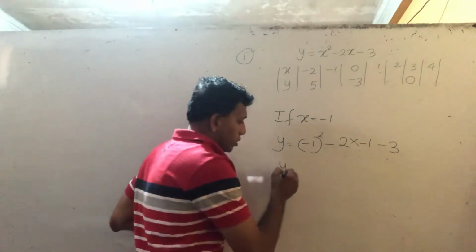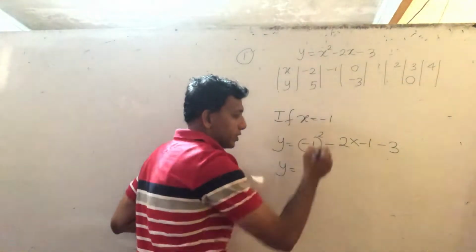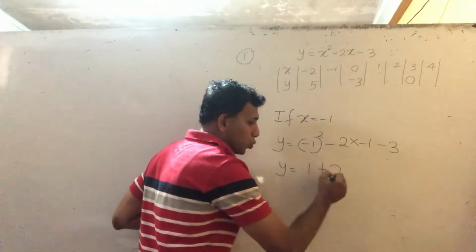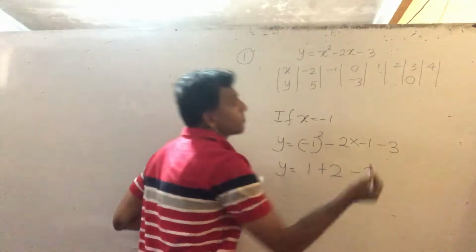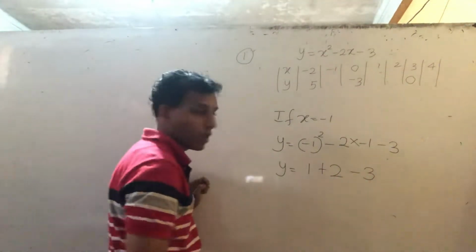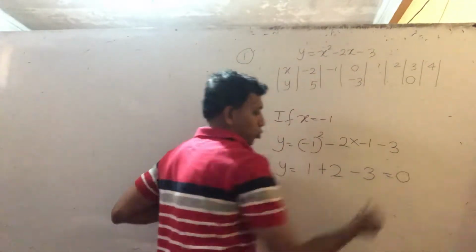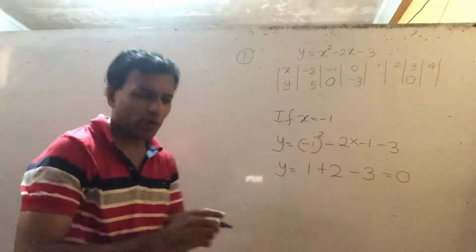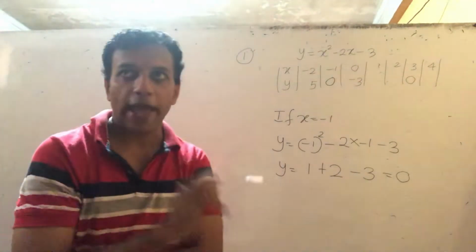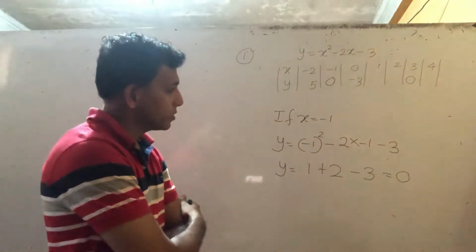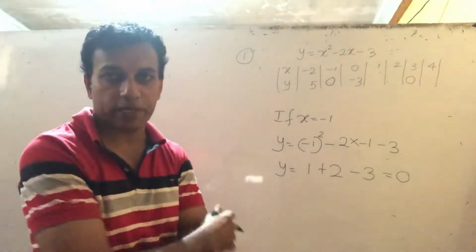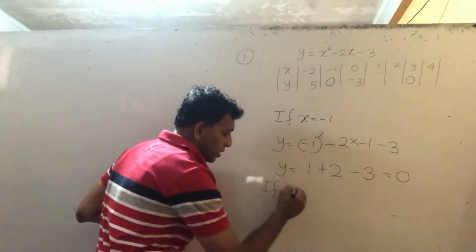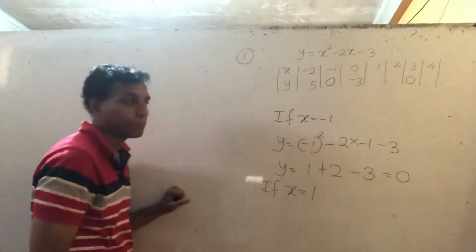So y equal, square it, plus 1, minus minus plus 2, minus 3. Is it? So what is the answer? 0. Okay. X minus 1, y 0. In O level they provide only one blank, they will give 1 mark. 1 blank, 1 mark. Next, x is 1, what is y? If x equal 1, find that.